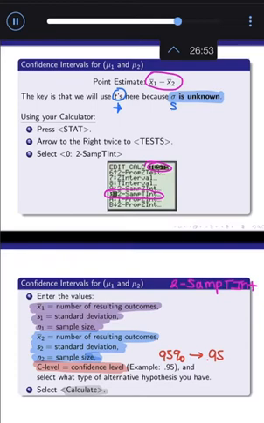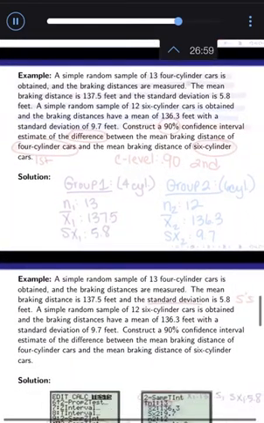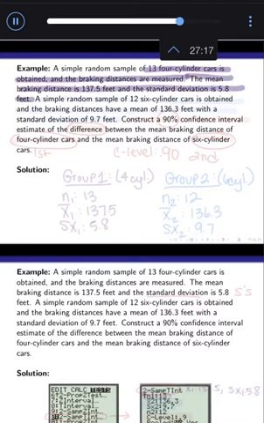So let's take a look. We're going to do the first example that we did for hypothesis testing, but we're going to do it for confidence intervals. Just like the first time we looked at this problem with the 4 cylinders and the 6 cylinders, we're going to use our 4 cylinders as our first group, and then we'll use our 6 cylinders as our second group.